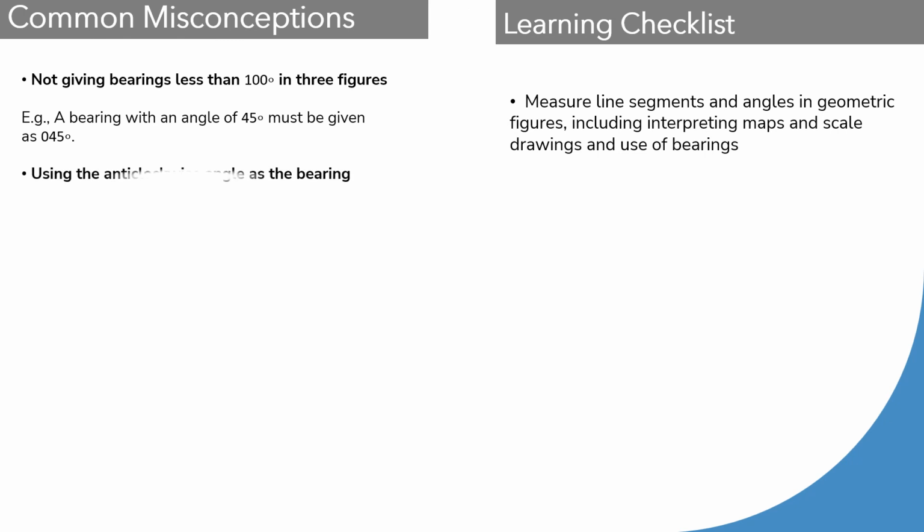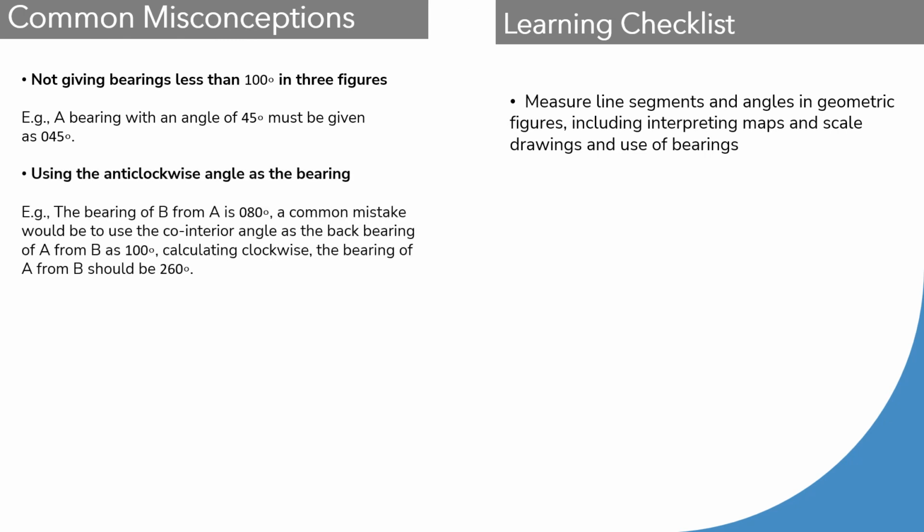And the second one is using the anti-clockwise angle as a bearing. So for example, the bearing of B from A is 080 degrees. A common mistake would be if they start using the information from the angles in parallel lines, where they say the co-interior angles will add to 180 degrees.